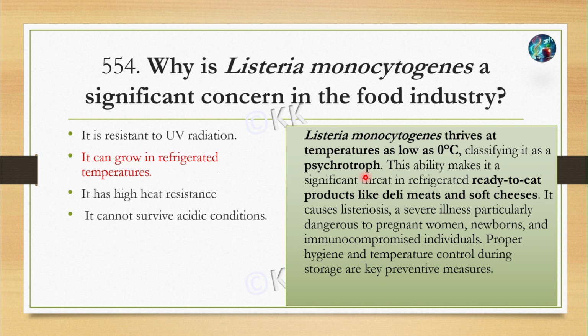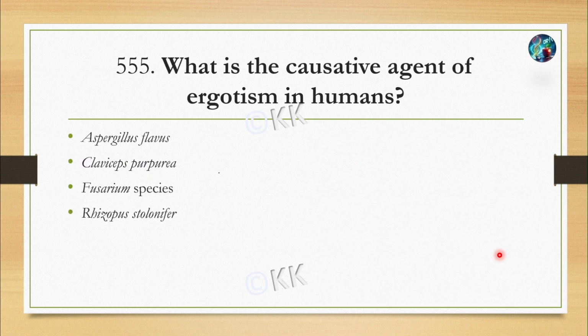It can be a significant threat for refrigerated ready-to-eat food products like meat, soft cheeses, etc. Listeria monocytogenes may cause listeriosis, a severe illness particularly dangerous to pregnant women, newborns, etc. So let's see today's next question.